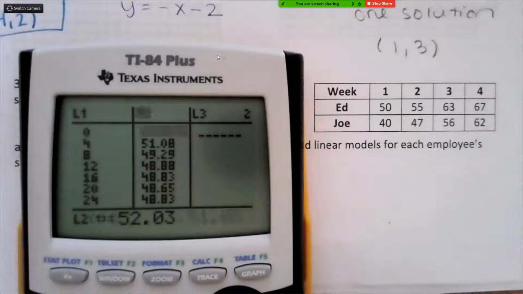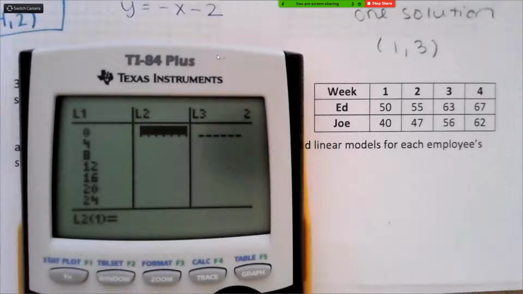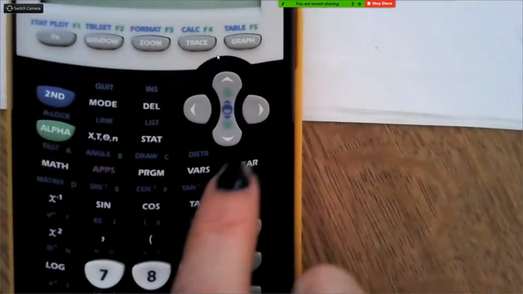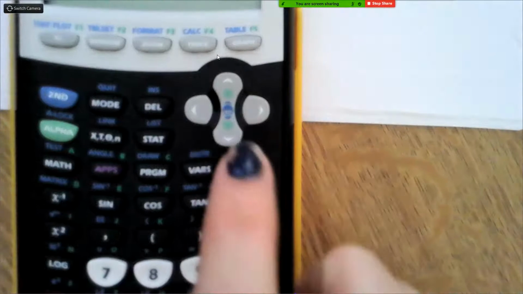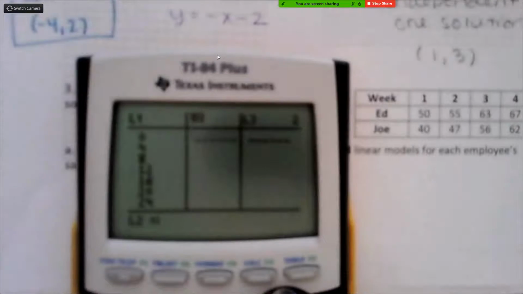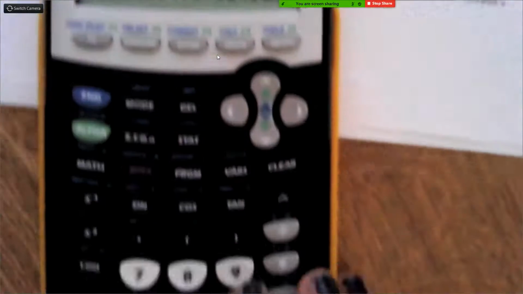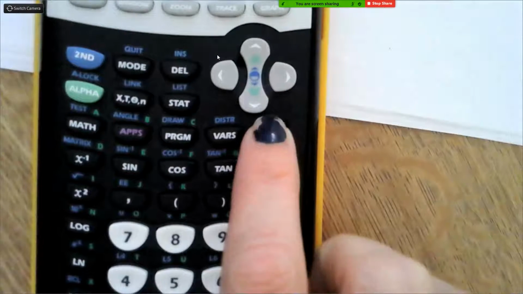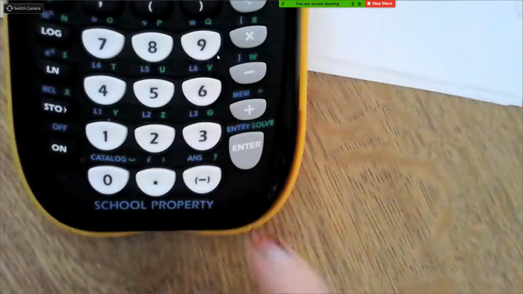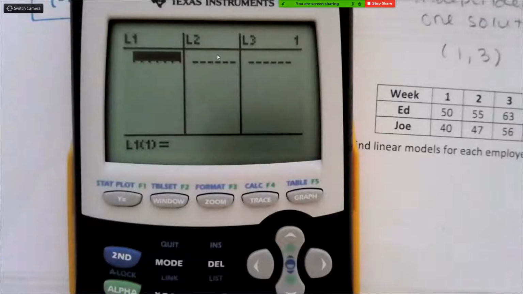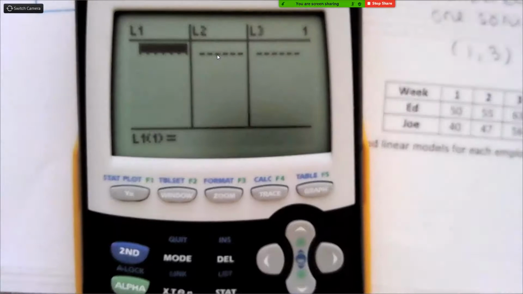So you can arrow up and over so that L1 is highlighted, hit the clear button, and hit enter. Then all of my data should be gone.